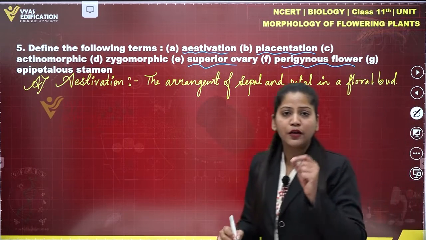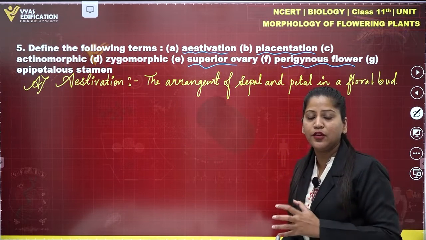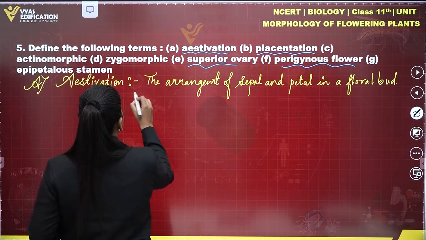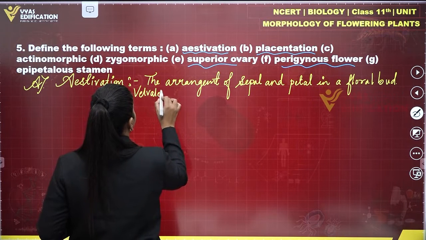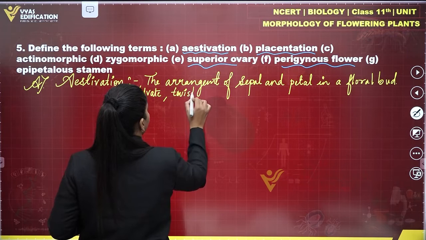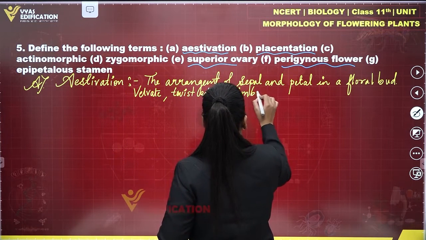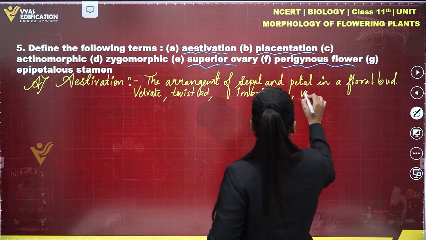The arrangement of sepals and petals in a floral bud is said to be estivation. We have 4 types of estivation, that is valvate, twisted, imbricate and vexillary.